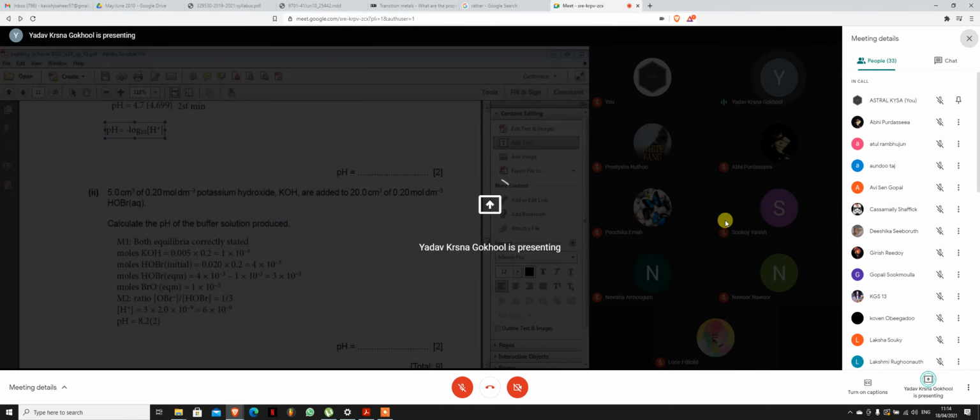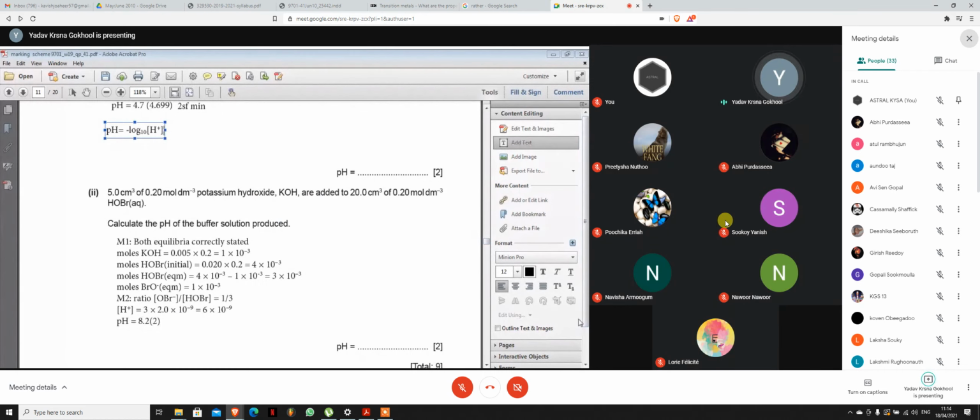Now this part was a bit different from what you usually work. 5 centimeter cube of 0.20 mole per dm cube potassium hydroxide was added to 20.0 cm cube of 0.20 mole per dm cube weak acid. So this is an alkali, and a weak acid. When alkali and weak acid react together, salt and water are the products.